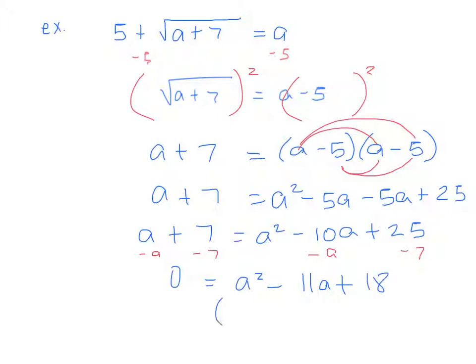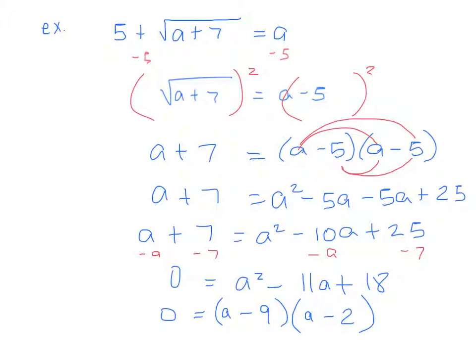Now we're looking for two numbers that multiply to give you 18 and add to give you negative 11. Those two numbers are negative 9 and negative 2. When we factor, we get a minus 9 times a minus 2, and that's equal to 0. Now, either this has to be equal to 0 to give us an answer of 0, or this has to be equal to 0.